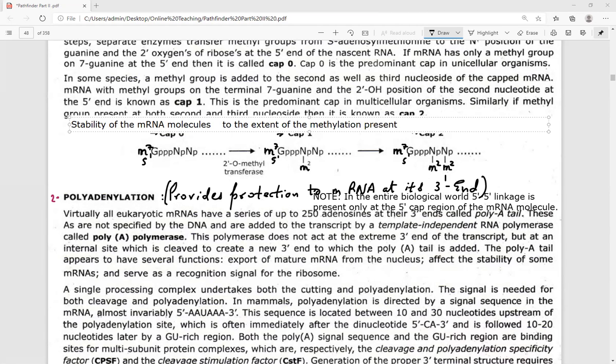So we can say that cap 2 is going to be much more stable as compared to cap 0. Any doubt? Okay, so this is directly proportional, a very important conclusion. So the stability of cap 2 will be greater than that of cap 1, and that of cap 1 greater than that of cap 0. This is the sequence of stability of the three different patterns of methylation.